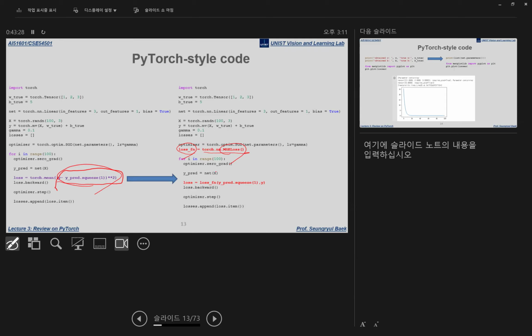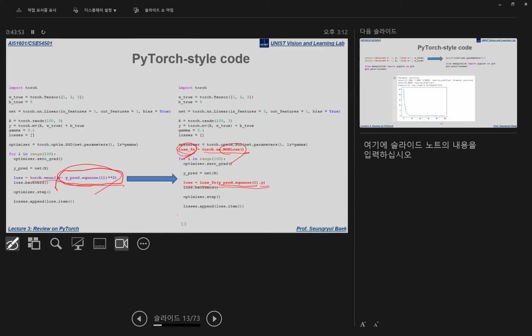MSE loss means mean square error loss, okay, which is the same as the Euclidean distance. Instead of typing the Euclidean distance by yourself, you can just call this loss function, and as the arguments, you input the predicted value y and the ground truth. Okay.